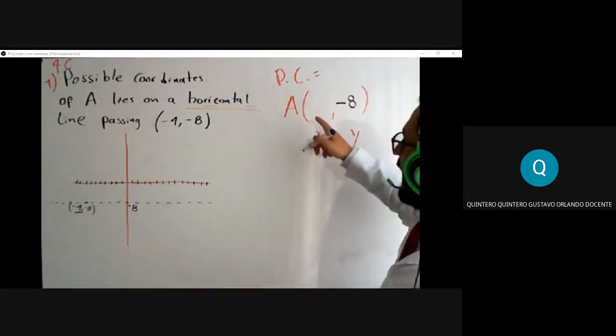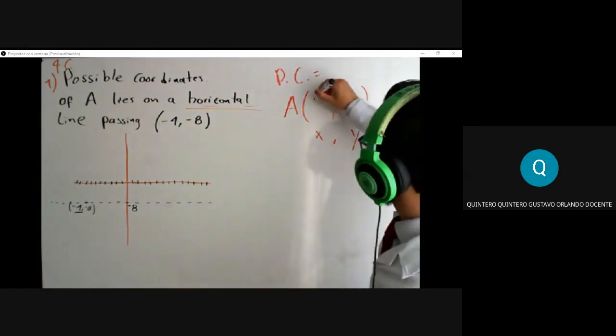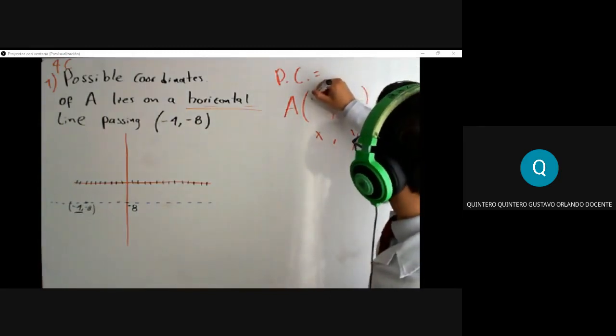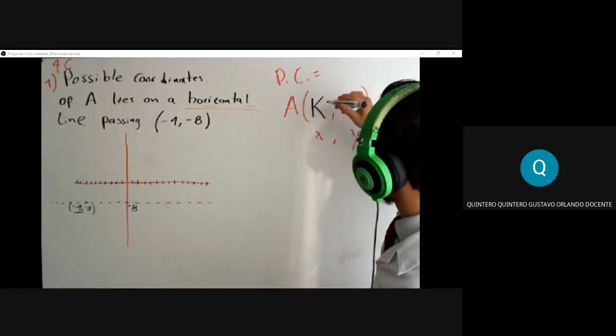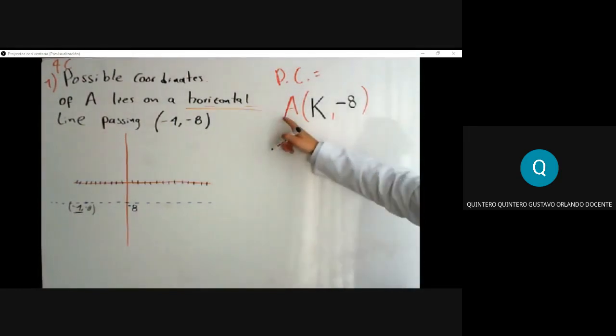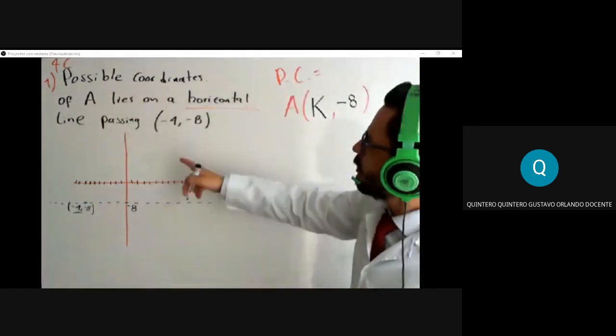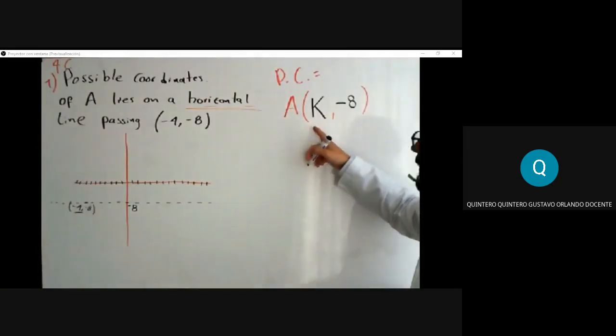But for the coordinate x, we can write every single value that we want. So we can say something like any variable. Let's choose, I don't know, k, because whatever. Any variable that you choose. So every single possible coordinate of A that lies on a horizontal line has to look like this, k, which is any value.